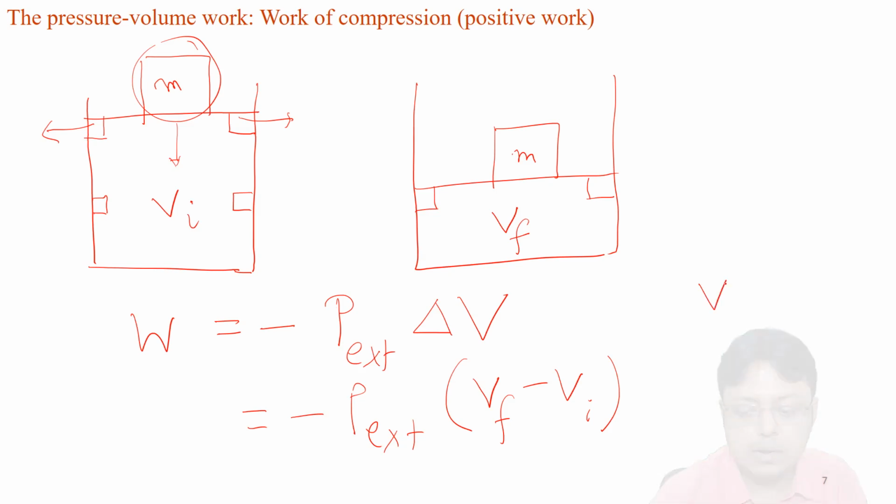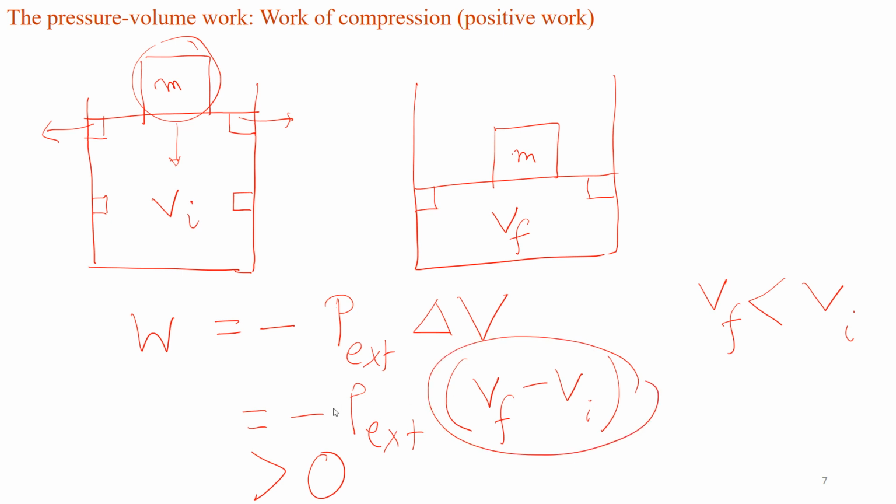But note that here V final is less than V initial, which means that this work must be positive, because delta V is a negative quantity and we have a negative sign. External pressure cannot be negative, it is always a positive quantity. So now the work is done on the system by the surroundings, and this is consistent with our definition that we'll take this work as positive work. So that's the importance of this negative sign.